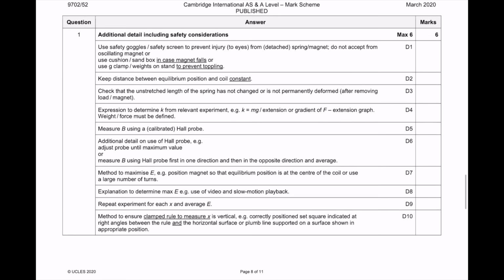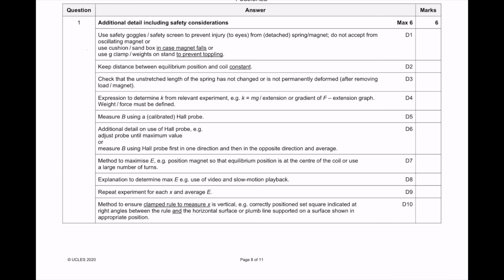And then additional details: we have used the cushion and the sandbox. We have kept the distance, equilibrium position, and coil constant. We have checked whether the spring constant has changed or not. We have used this expression to find out the value of K. We have measured using the Hall probe.